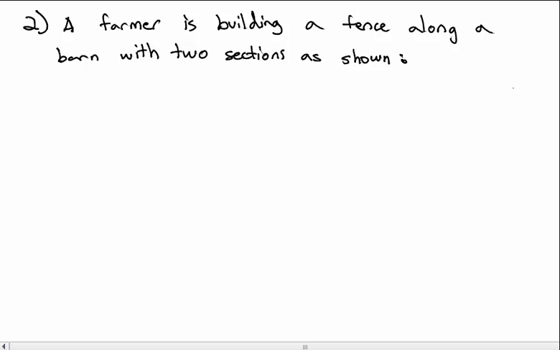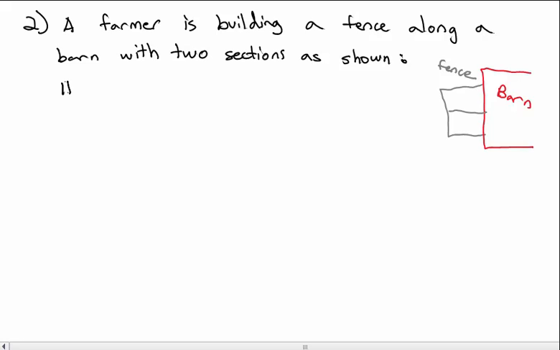So here's the barn. And the fence he's going to build is going to come out from the barn and go over, and then it's going to have a divider down the middle. So that's the fence.